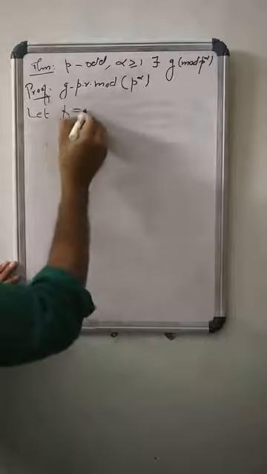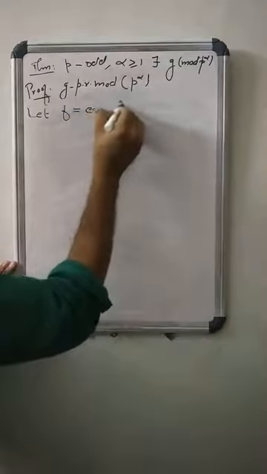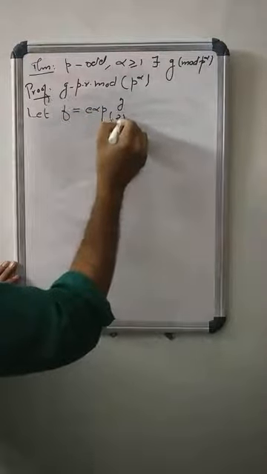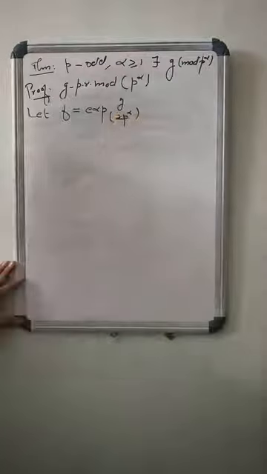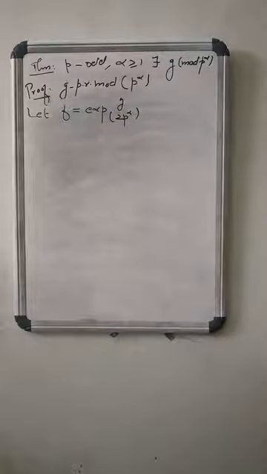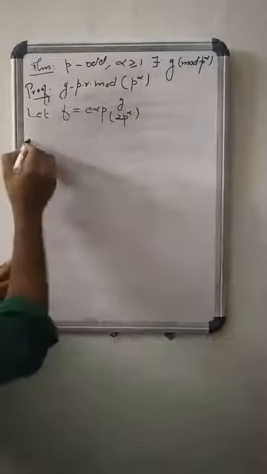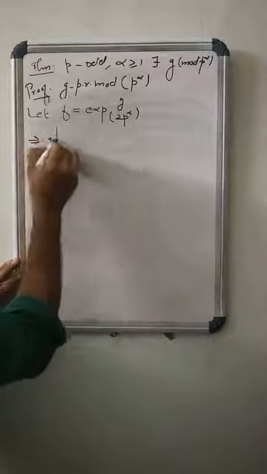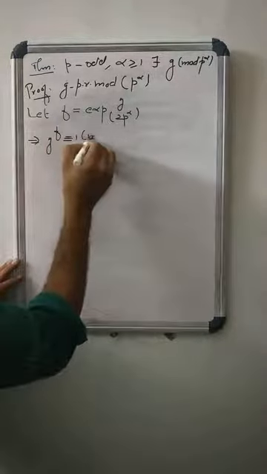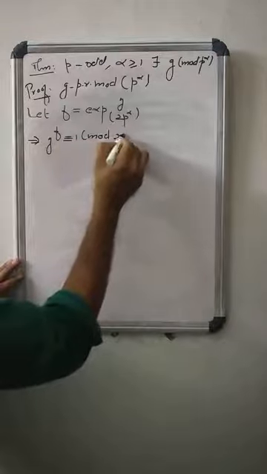F is the exponent of g mod 2p^alpha means, by definition, g^f is congruent to 1 mod 2p^alpha.